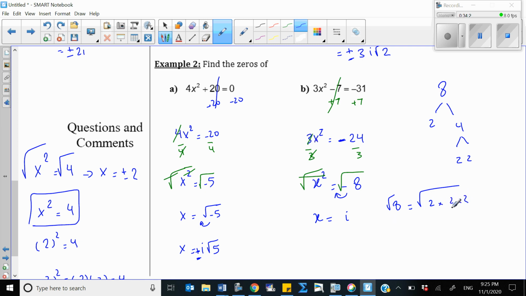I have one pair here, so I can move it to the outside as just 2. So this is 2 square root of 2. Okay, so my answer will be plus and minus 2i radical 2.